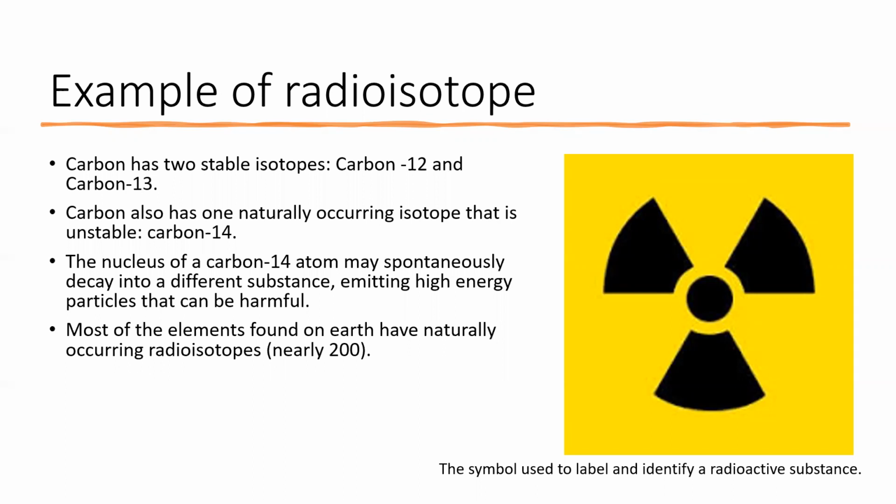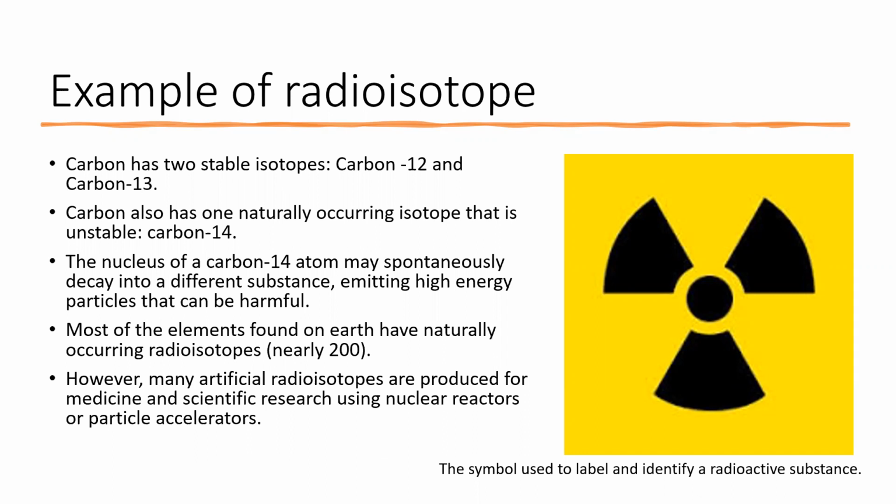Most of the elements found on Earth have naturally occurring radioisotopes, around 200. However, many artificial radioisotopes are produced for medicinal and scientific research purposes using nuclear reactors or particle accelerators. So there are naturally occurring radioisotopes, but there are also many artificially created radioisotopes for different purposes.